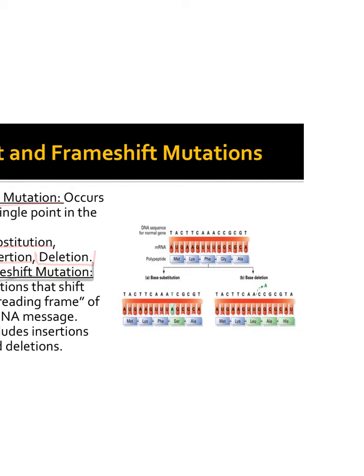Here on the top we have our original DNA sequence for a normal gene, and we're going from DNA to mRNA, so this is the process of transcription. We can see right in the middle of our sequence we have 3 adenines in a row. Here in example B, one of those adenines is deleted out of that sequence.